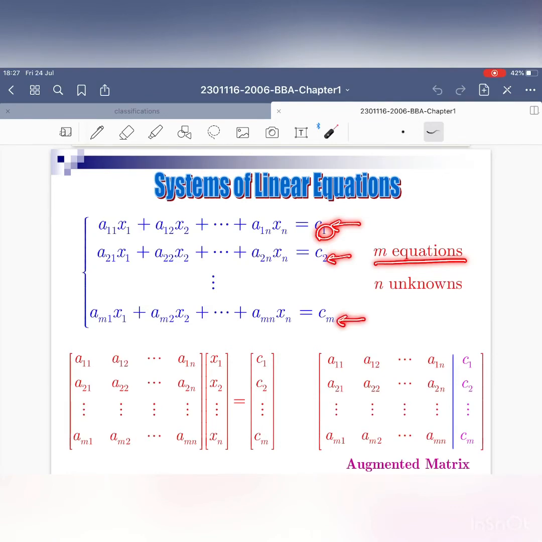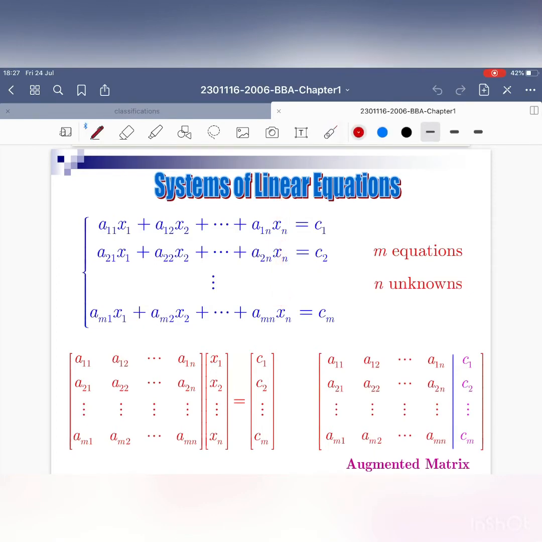So you have m equations, so basically m rows, and then you have n unknowns. You have x1 as the first unknown, x2 as the second unknown, etc., up to x sub n, which is your last unknown, the nth unknown.